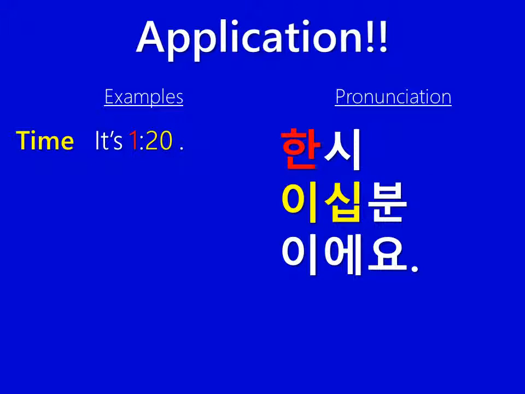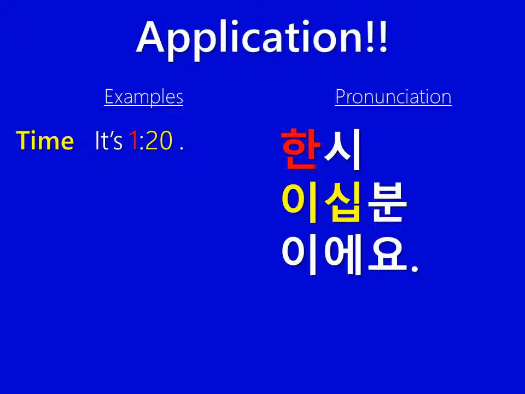Time. As I said before, for hour, you say native Korean number. So when it's 1:20, like here, you say 1시 20분이에요. 이에요 is it's. You can say 예요, which is kind of a shortened word of 이에요. If you pronounce 이에요 very quickly, it becomes 예요. 1시 1 hour, 20분 20 minutes.